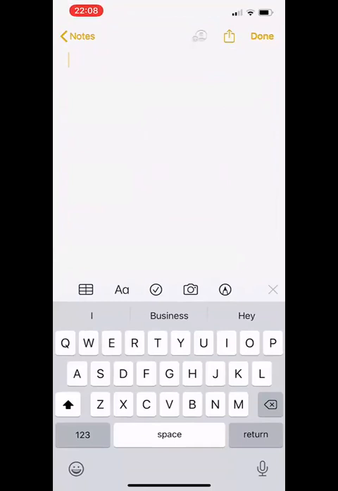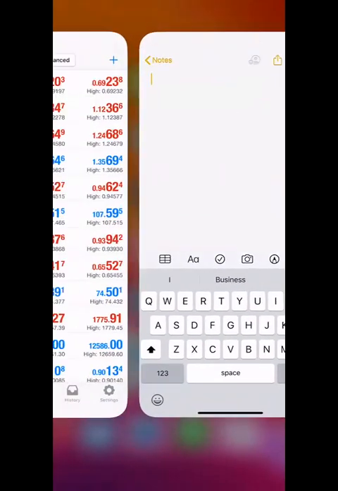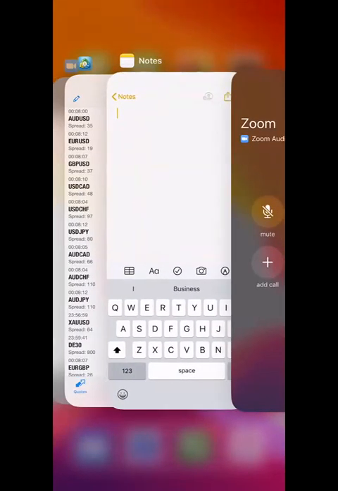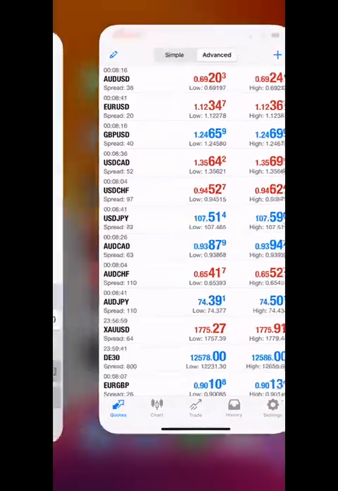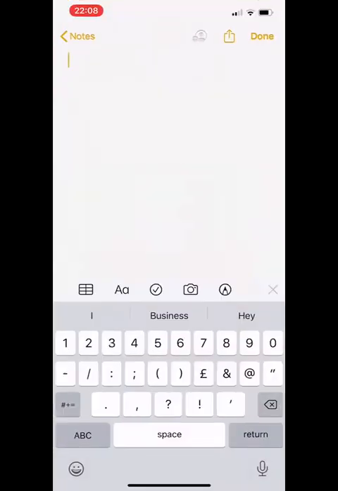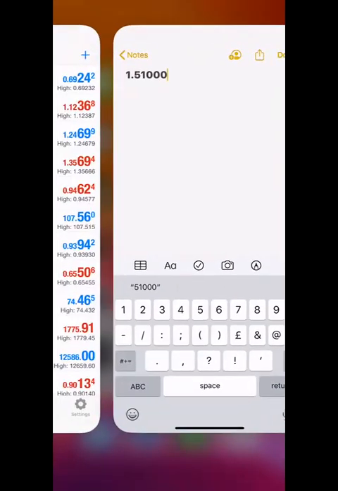There's different types of ways you can calculate pips, right? For example, AUD USD, Euro USD, GBP USD, USD CAD, USD CHF are like this, right? 1.51000.